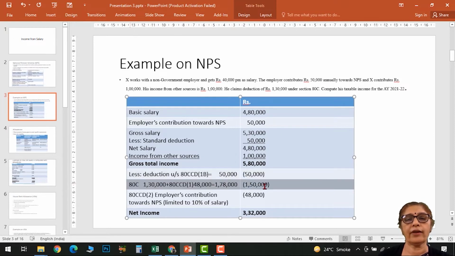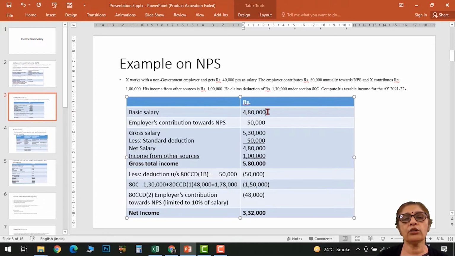So that's what we have here. 1,30,000 plus CCD1. Now we can appropriate 50,000 towards CCD1 because he has invested 1 lakh and 1B is 50. We can take the benefit of 50,000 more, but this cannot exceed 10% of his salary. And salary here is just basic. We don't have DA or commission in the question.